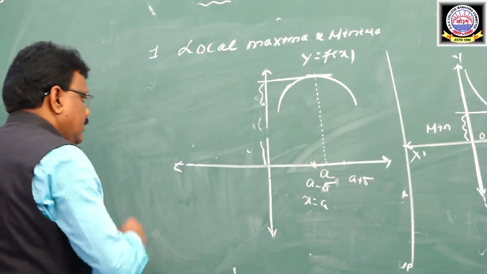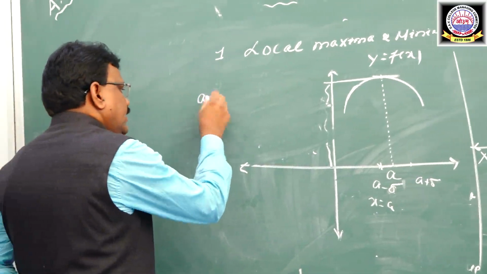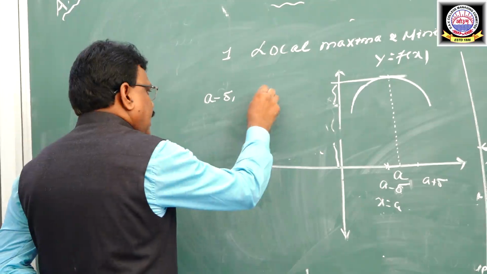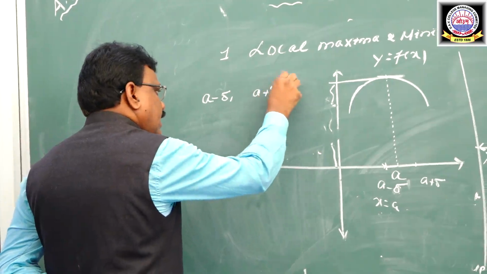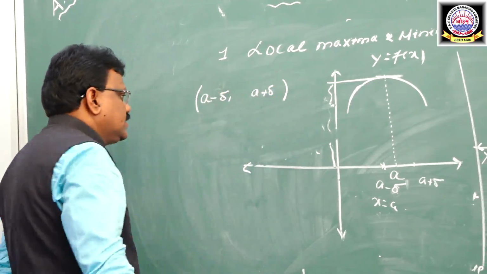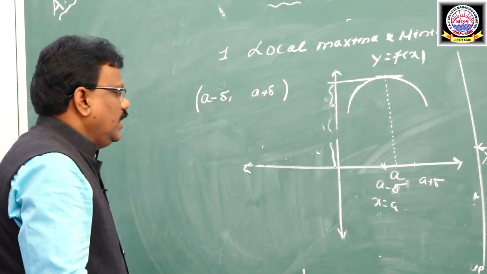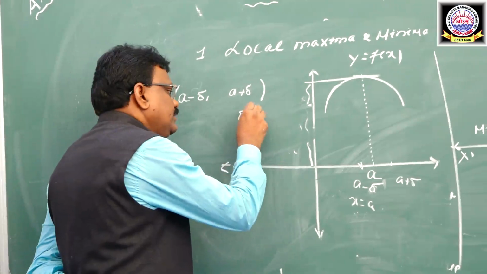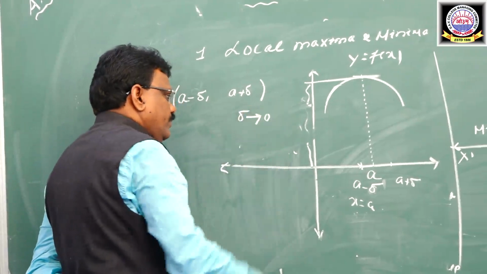So I get an interval A minus delta, A plus delta, and I want to discuss the maximum and minimum value within this interval, provided delta is very, very close to 0.